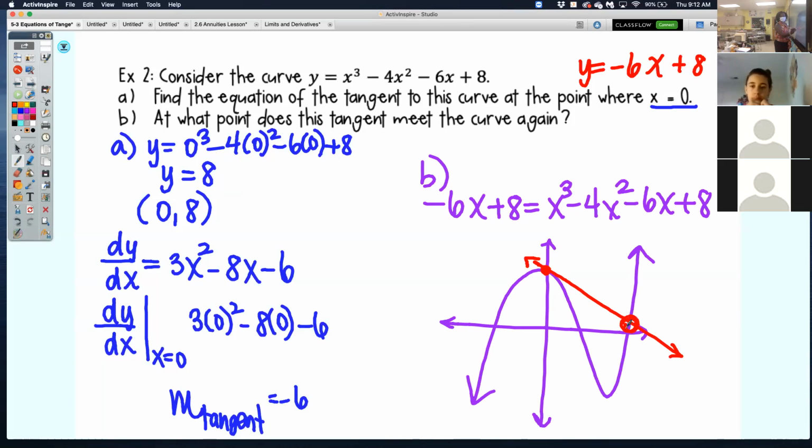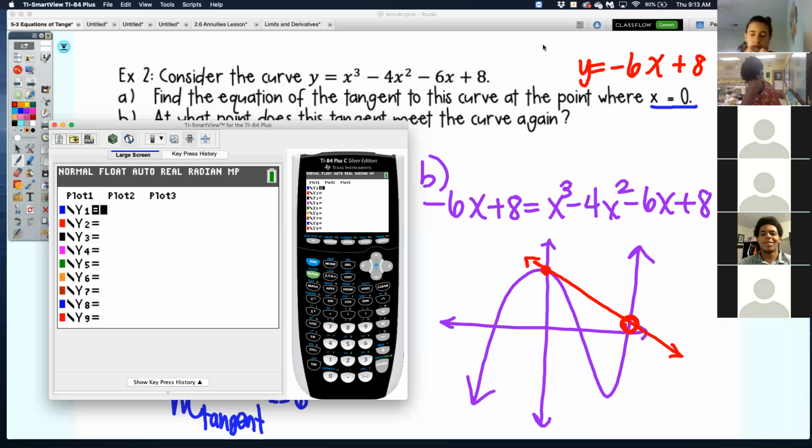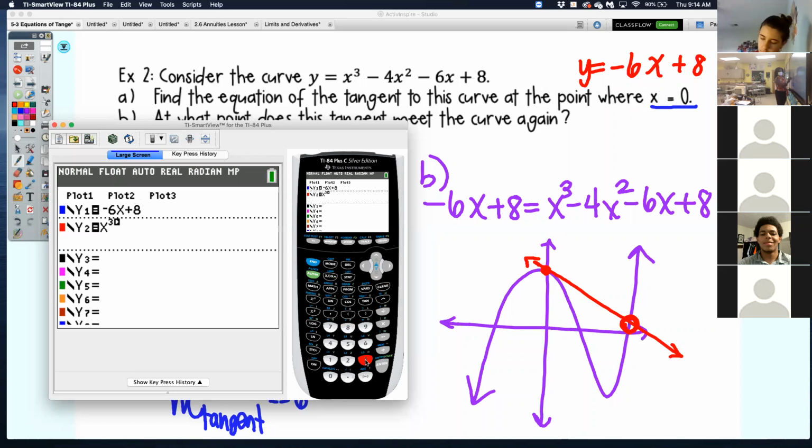Our job is to figure out that other point. So what do I need to do to find this? Go into my calculator. All right, so in Y1, I'm going to type in that equation that represents the tangent line, and then I'm going to type in the original function.